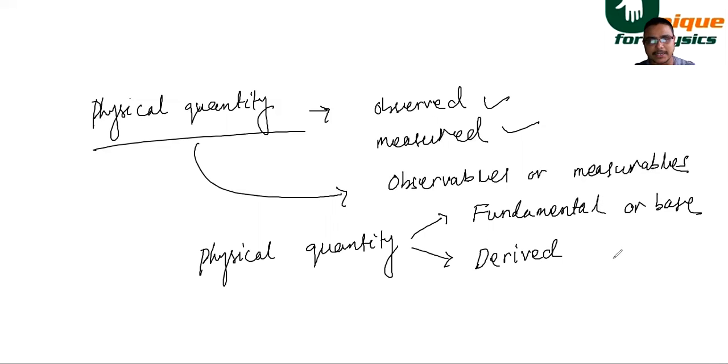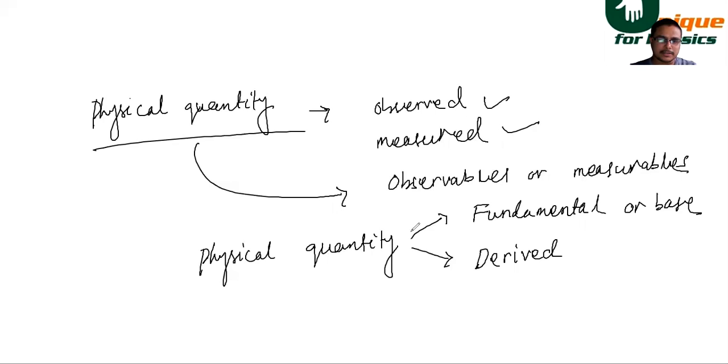Worldwide, by standardizing different physical quantities, scientists and different countries discussed, and finally we came up with seven fundamental quantities. These seven base quantities are the minimum quantities we need to represent all other physical quantities.